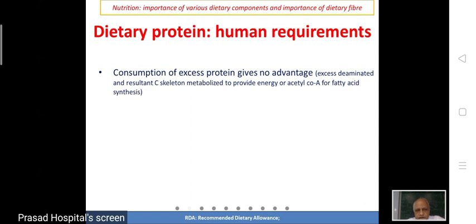Excess deamination and resultant carbon skeleton, they will be simply shunted to form acetyl coenzyme A or provide more energy. But then again you will excrete more of the nitrogen, you generate more of the nitrogen during deamination process. So that may damage the body.